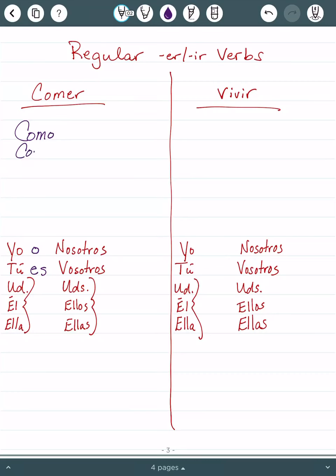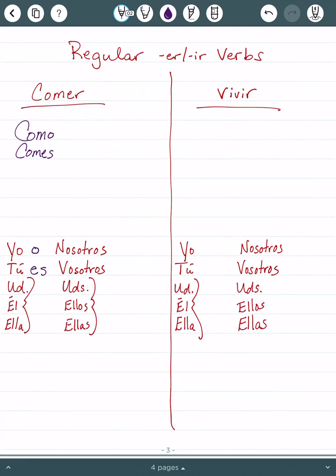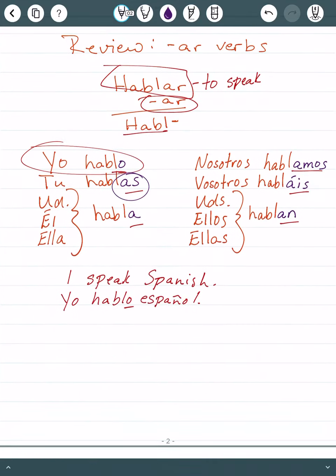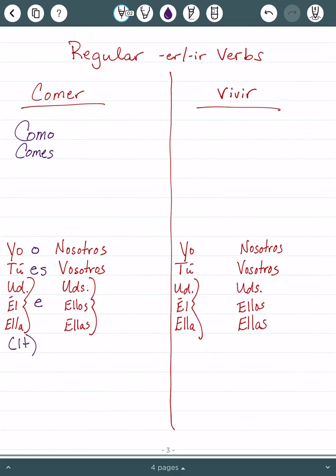So if I want to say you are eating, it will be comes. For usted, él, and ella, you, he, and she. For AR verbs, it's an A. For ER verbs, it's going to be an E. And that also includes it. For nosotros, we, it's amos for AR verbs.